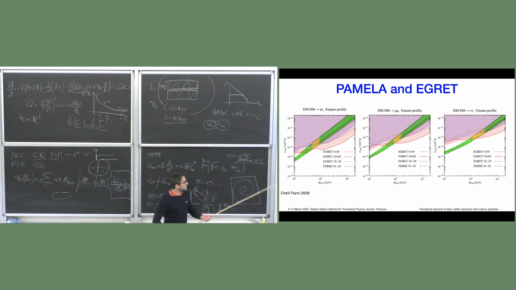Okay, so these authors took the production of prompt and inverse Compton from dark matter, and they checked that they don't overshoot the Egret data for gamma rays. Okay, they do this for different observation regions of interest. And you see that the yellow part starts to be in tension with the data, with the upper limits.